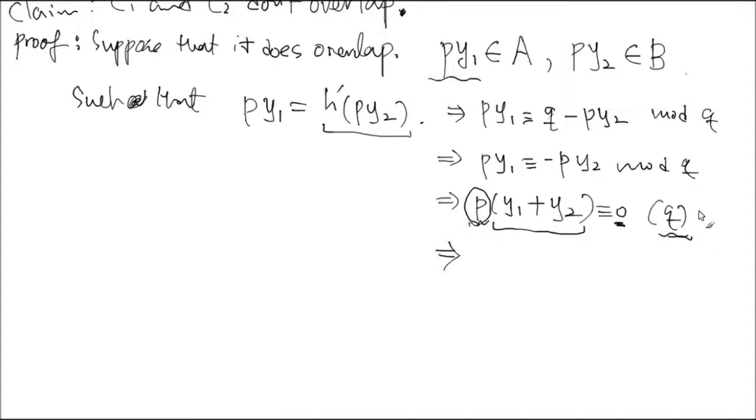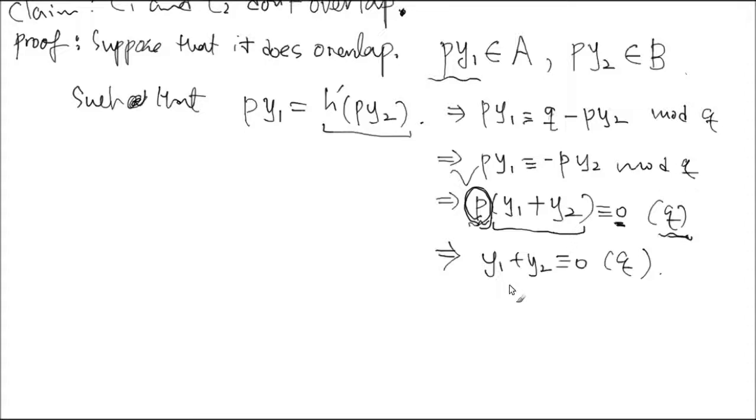There's no GCD that you have to divide the modulus by; the GCD is 1, so P disappears. Does that make sense? Or you can look at it as a finite field. Y1 plus Y2 is congruent to 0 mod Q. The multiplicative inverse of P exists in mod Q because they're relatively prime. Excellent. Good? So I got rid of it by multiplying.